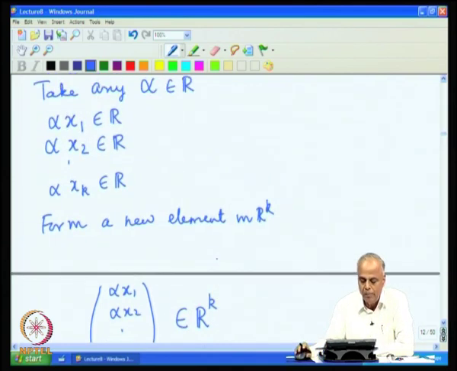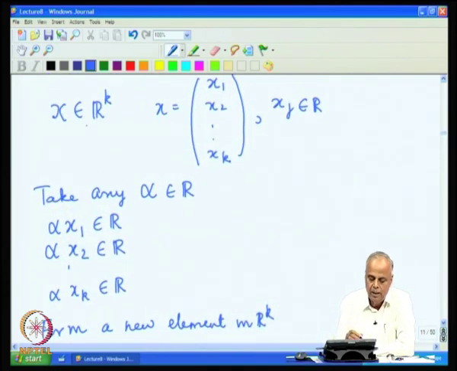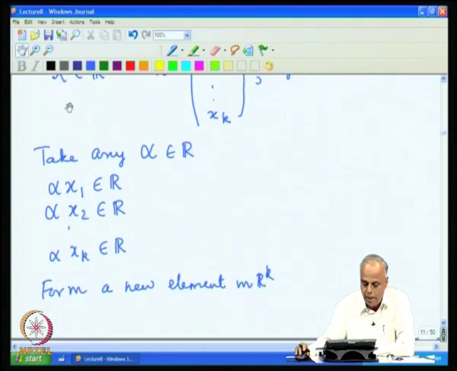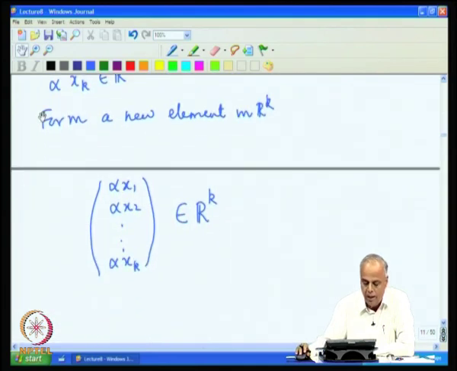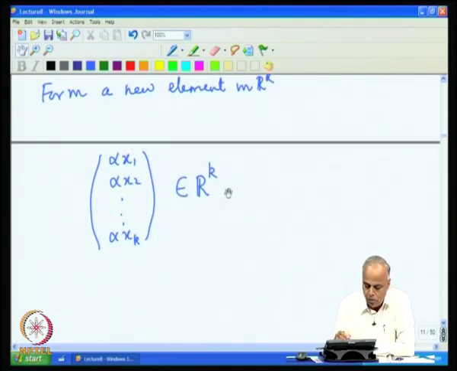So, we started with an element x in RK, and then we took a real number alpha, and we combined the real number alpha and the element x in RK. So, we have combined a real number alpha and an RK element and produced an element in RK.